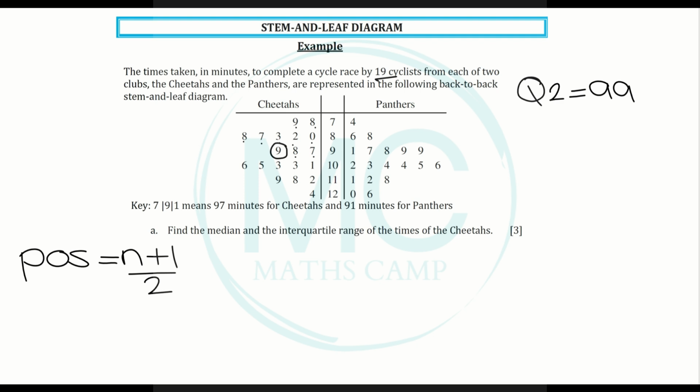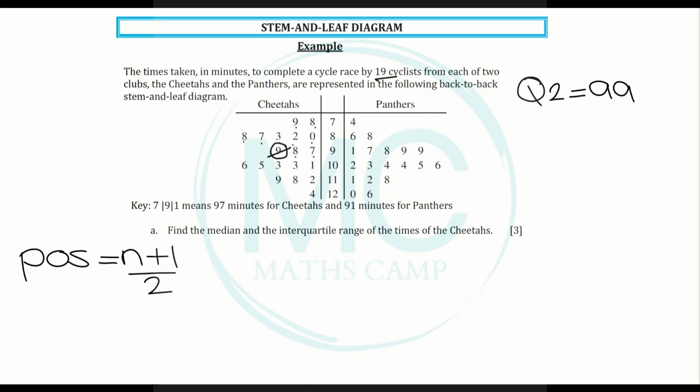Because we've used an actual value, we cannot include 99 in our data set when looking for Q1 and Q3. We had 19 values. We've taken out 1, so we're left with 18. Half of 18 is 9. That means we now have 9 values on either side of the median that we can consider for Q1 and Q3.